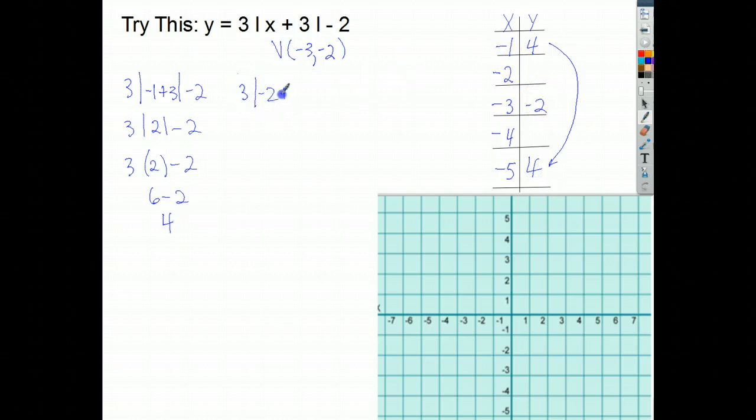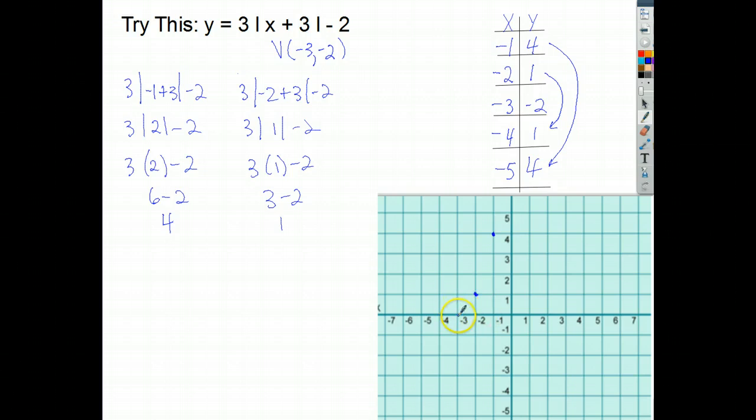3 times the absolute value of negative 2 plus 3, minus 2. Working inside the absolute value, negative 2 and 3 is 1. Absolute value of 1 is 1. 3 times 1 is 3. 3 minus 2 is 1. That's 1, and so is that. Okay, we graph it. Negative 1, 4. Negative 2, 1.